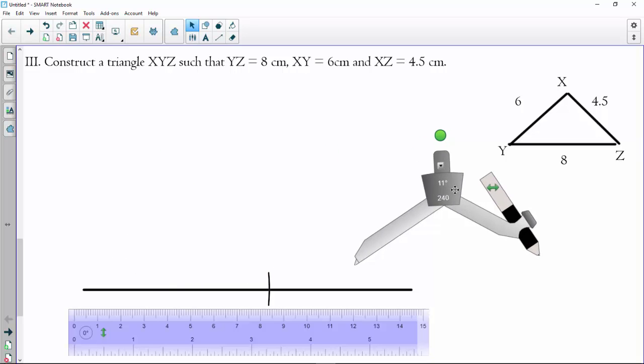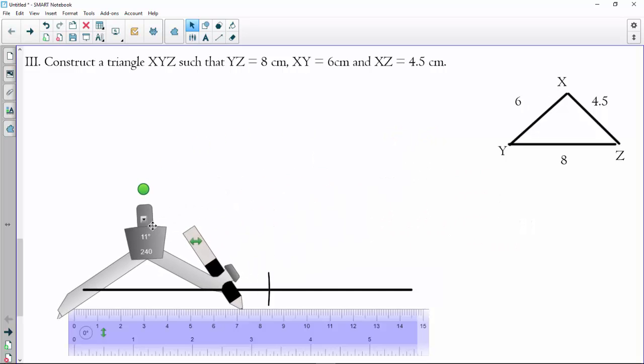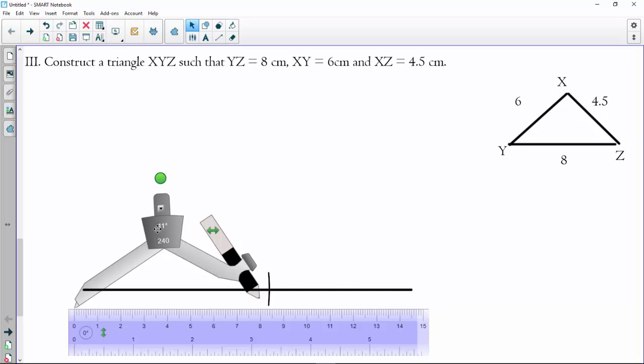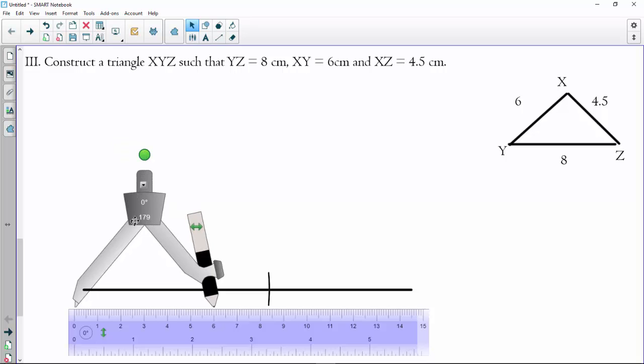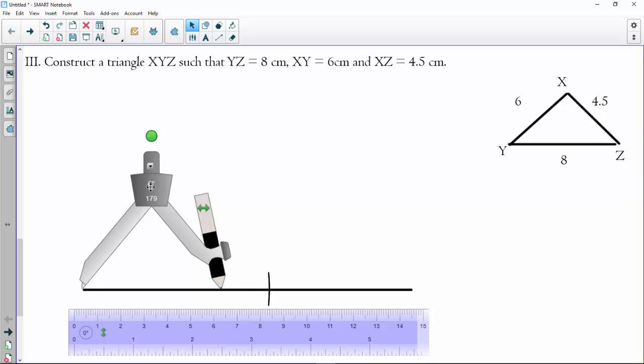So that is my line YZ. Next, I am gonna draw the side 6 centimeters. So again, now measure off the 6 centimeters. Yes, that's 6 centimeters. Again, position the point of the compass.